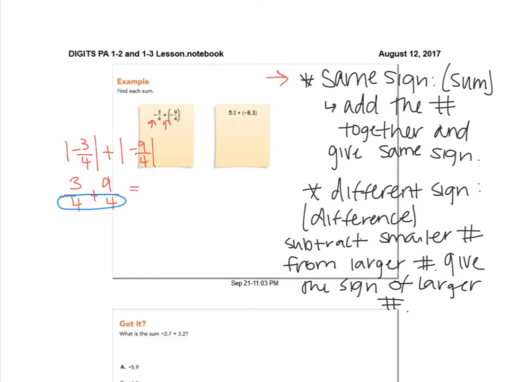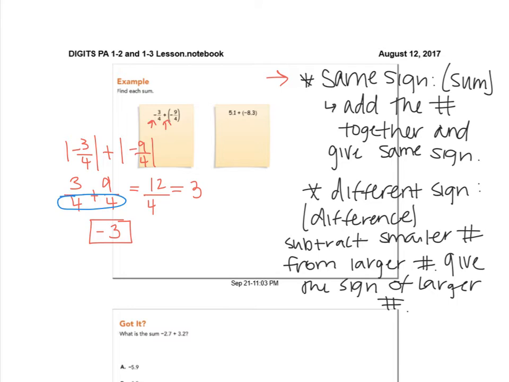So 9 plus 3 would be 12, and then we keep the denominator when we add. So this can be reduced. So 4 goes into 12 3 times. But since both of our numbers were negative at the beginning, our answer is actually going to be a negative 3, not a positive 3.